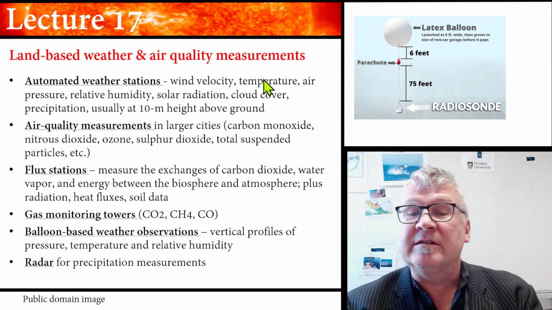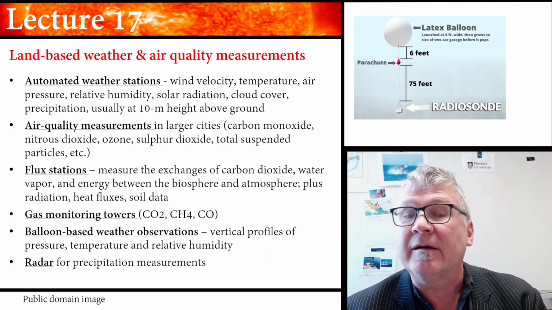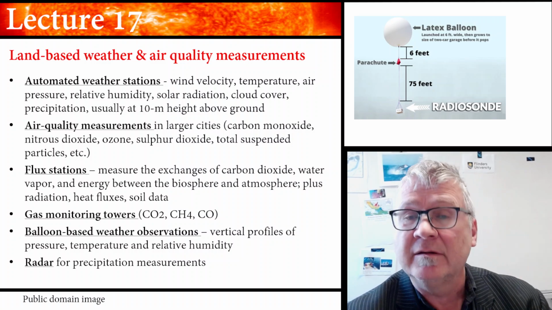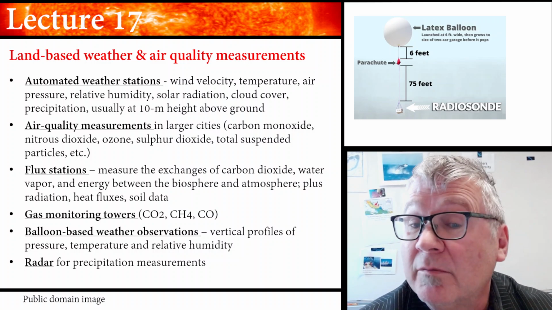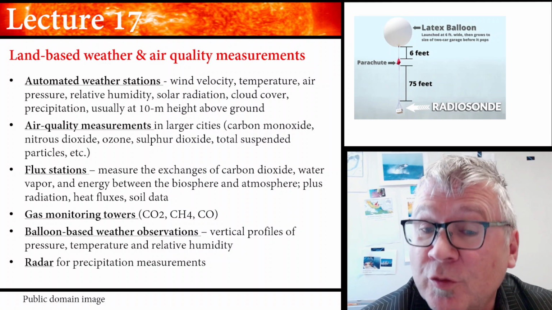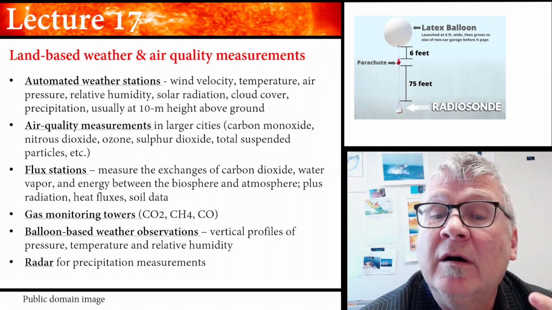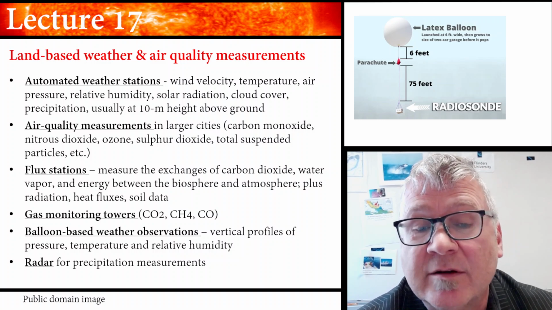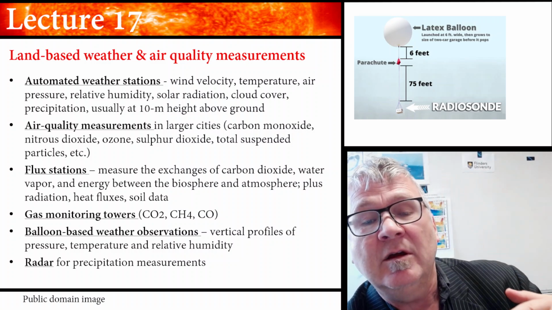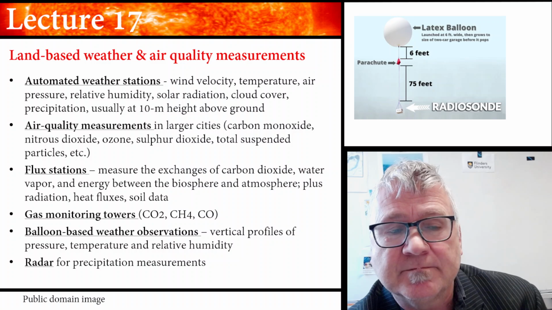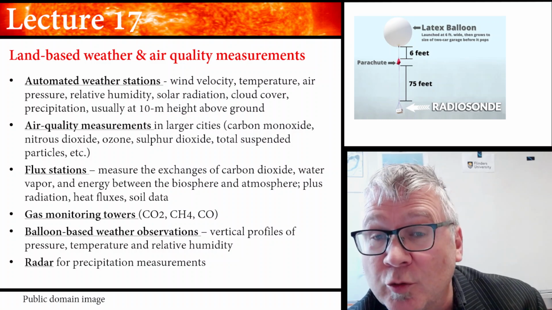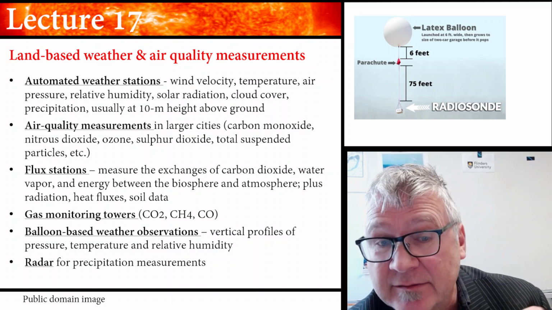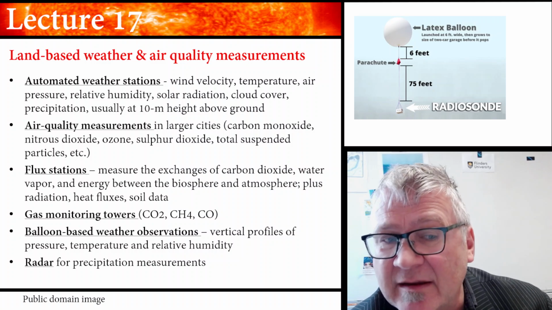And then in larger cities, we have air quality measurements undertaken regularly. It's based on human health, and we measure carbon monoxide, nitrous dioxide, ozone, sulfur dioxide, total suspended particles. It's related to human health, like asthma, and illnesses related to bad air quality.